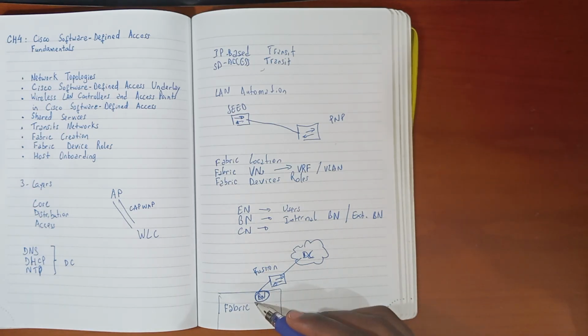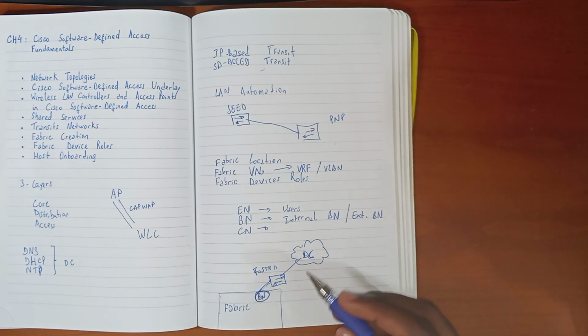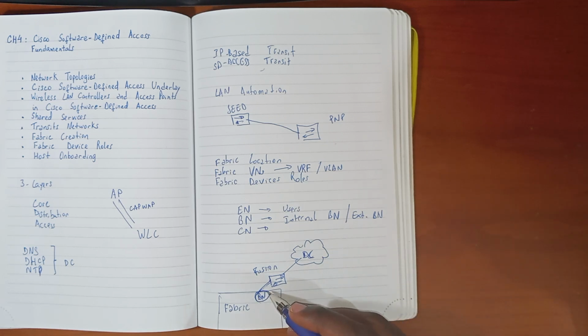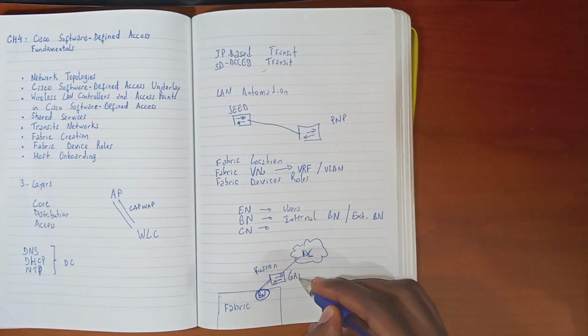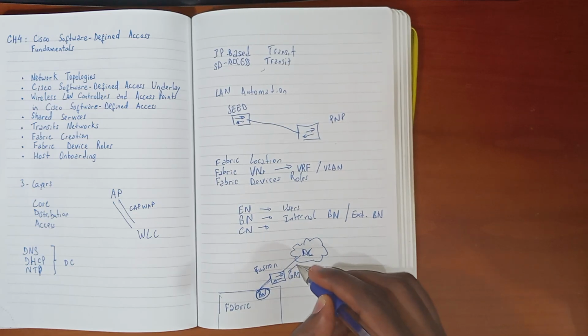Here we have our VNs associated to the VRF. We also create here the VNs, or the VRF in this case, to allow the communication with the border node. We can have some static routes or dynamic routes like BGP, eBGP, and then it can convert to our global routing table to be sent outside.